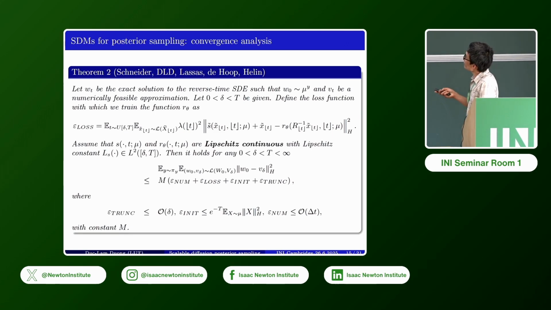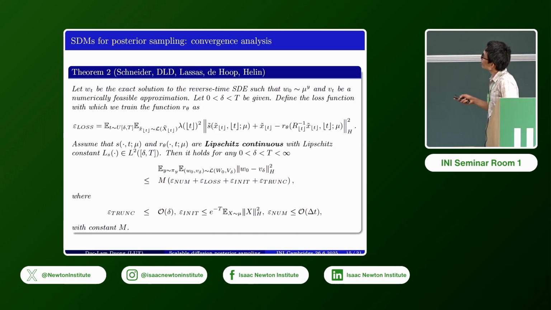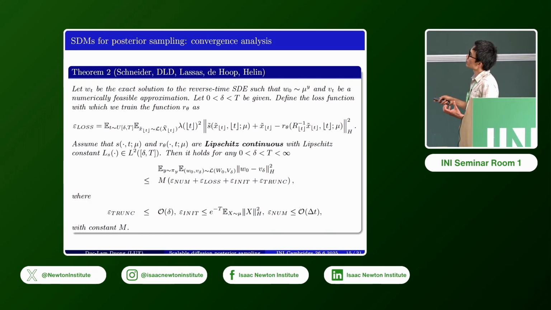So we have this norm in S, averaged over some distributions. This error term can be bounded away from all the errors that you run into in this process.